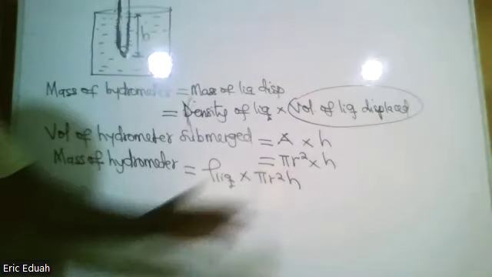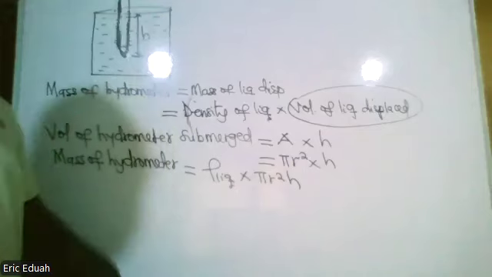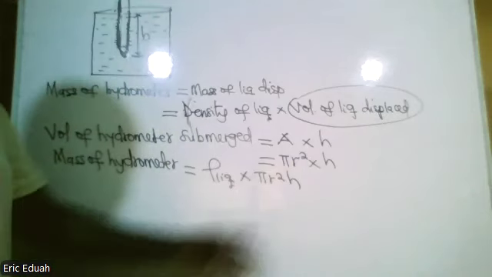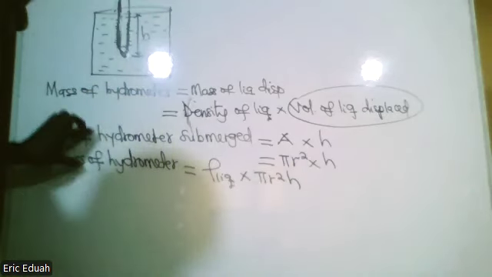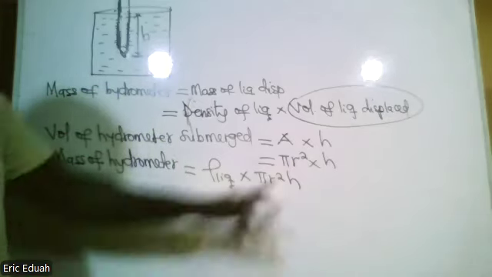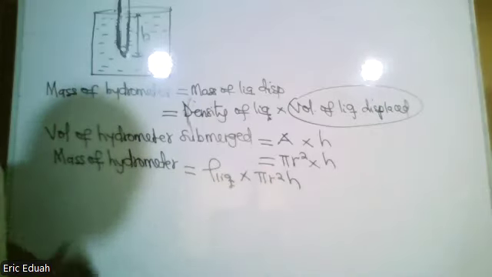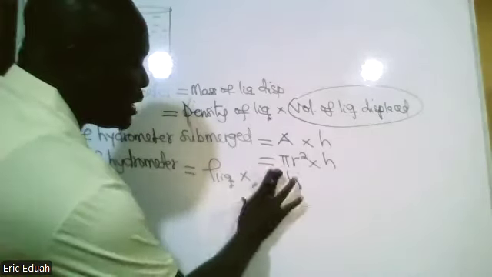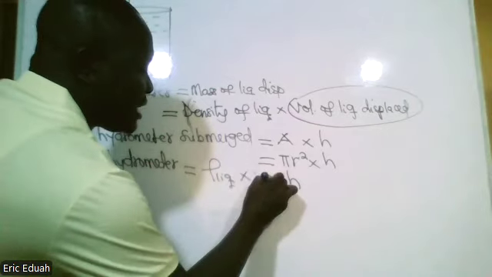Now, I said this is what we usually use to test students. Calculate, when given the mass of the hydro and density of the liquid, the height of immersion, meaning when the cross-sectional area A is given.